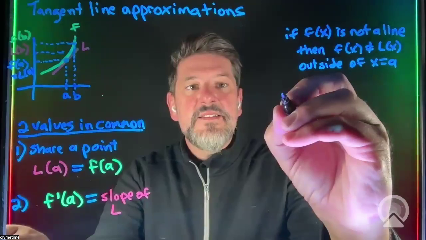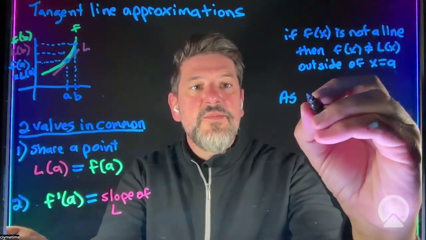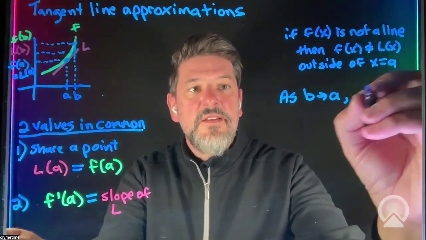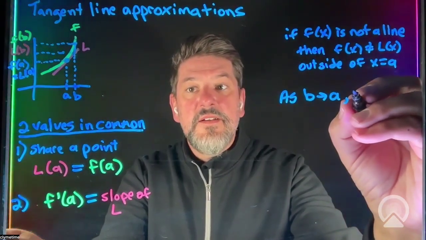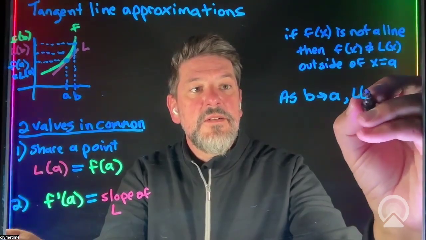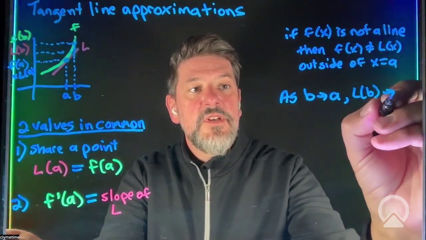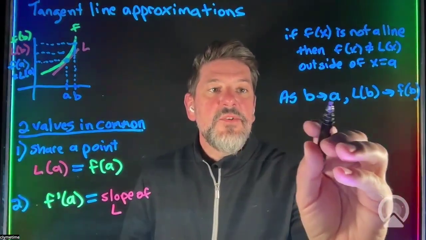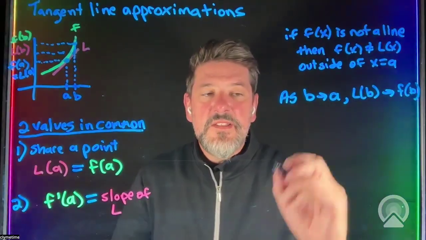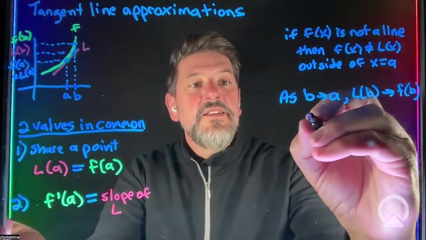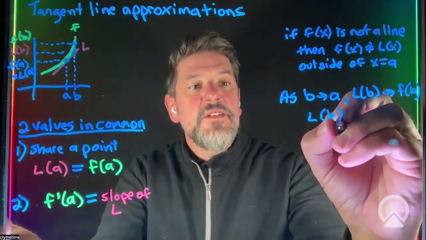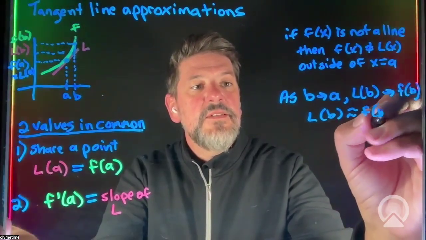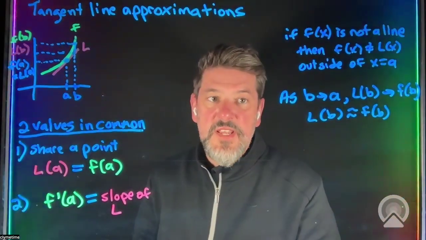We can say as B approaches A, so that means as B gets closer and closer to A, then we know that L of B will approach F of B. So as B approaches A, L of B approaches F of B. And so what that means is L of B will be approximately the same as F of B when B is very close to A.